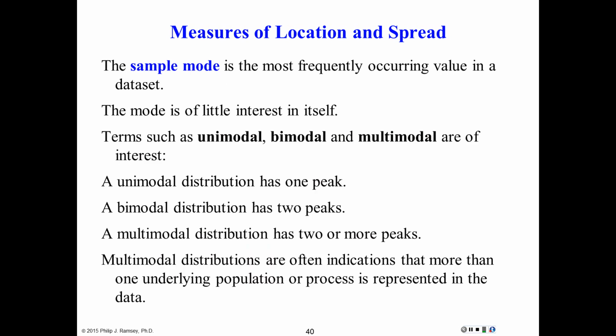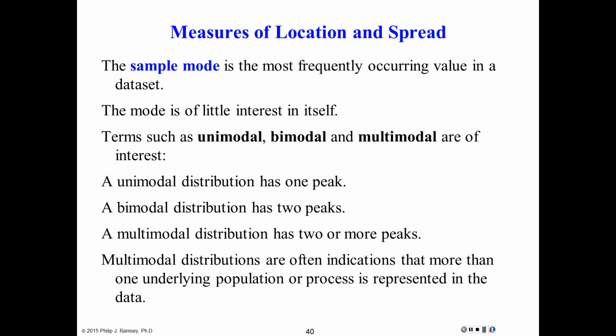Okay. And the mode, again, is the most frequently occurring value in a data set, but since these are continuous distributions, there are actually infinite ranges of possible values, so the mode isn't really all that important. What's key is basically thinking of the mode as a peak.